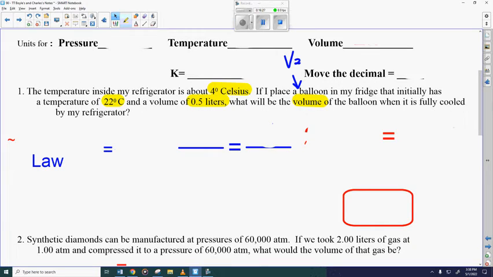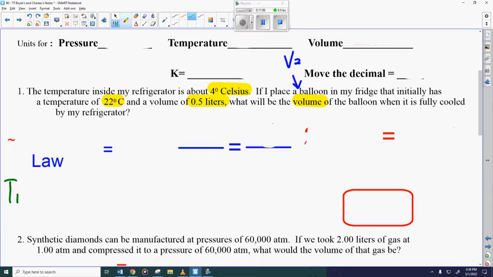Now, here's a good habit to get into. Before I do any calculations, I'm going to convert anything that I need to. We're used to doing this with milliliters in the past, but the thing I have to convert right away is my Celsius. Is the temperature inside my refrigerator going to be my temperature 1 or my temperature 2? Well, if I place a balloon in my fridge that initially has a temperature of 22 degrees Celsius, the initial temperature is 22 degrees Celsius.